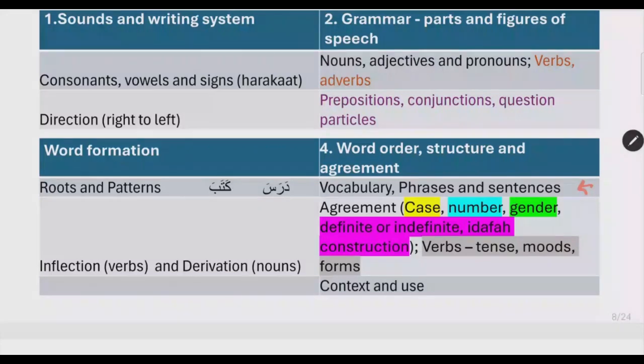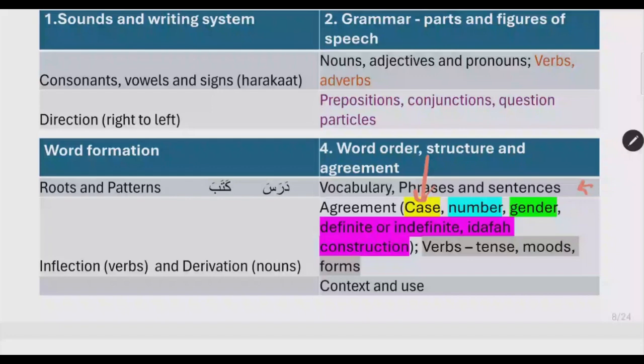So the concept of case, which has three, nominative, accusative, and genitive, has to do with how the noun is shown at the end in its case ending, meaning either un for nominative, or an, double fatha, or single fatha for accusative, and in, or e with the kasra, to show genitive case.